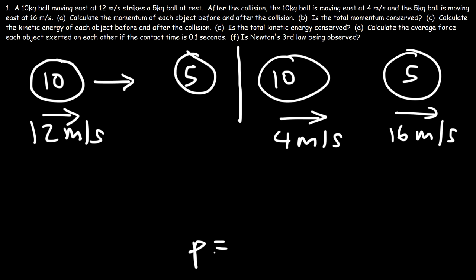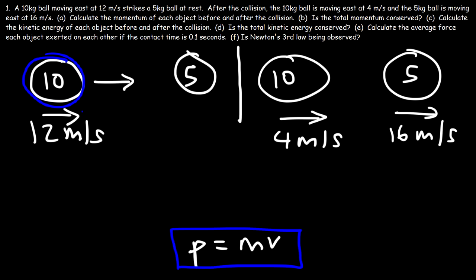We said that momentum is mass times velocity. So to calculate the momentum of the first object, it's going to be the mass of 10 kilograms times the velocity of 12 meters per second. So that's going to give us 120 kilograms times meters per second. Now I'm not going to write the whole unit here because if I do it for all four situations, I'm going to run out of space. Now for the second object, before the collision, the 5-kilogram ball, it's at rest, which means that its velocity is 0.